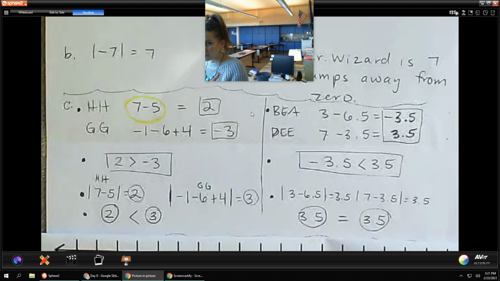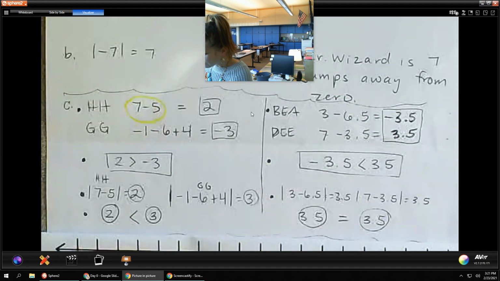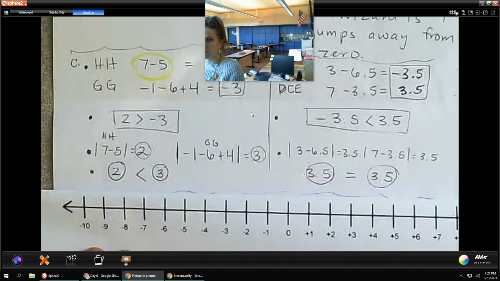Gigi started at -1 and then took away 6: 1, 2, 3, 4, 5, 6, and then added a positive 4. Oh, you're not even seeing this, my bad.